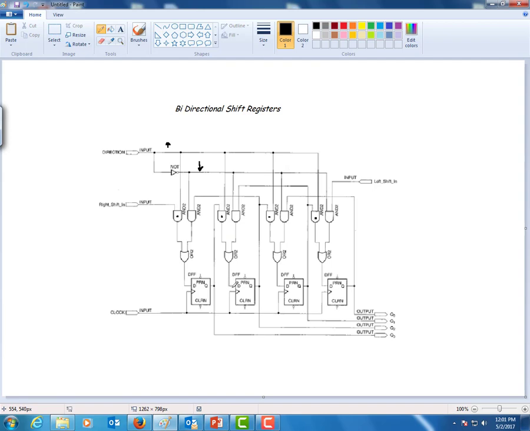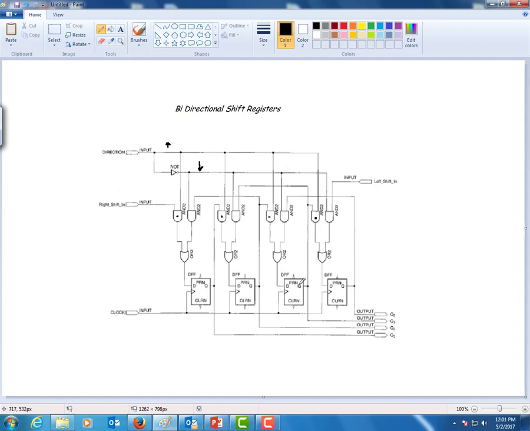You clock it again, well, this output again is going to go right up here into this AND gate, which is enabled, right? Down through this OR gate into the input of this flip-flop. And then we clock it one more time, the same thing's going to happen. It's going to go, where are we here?